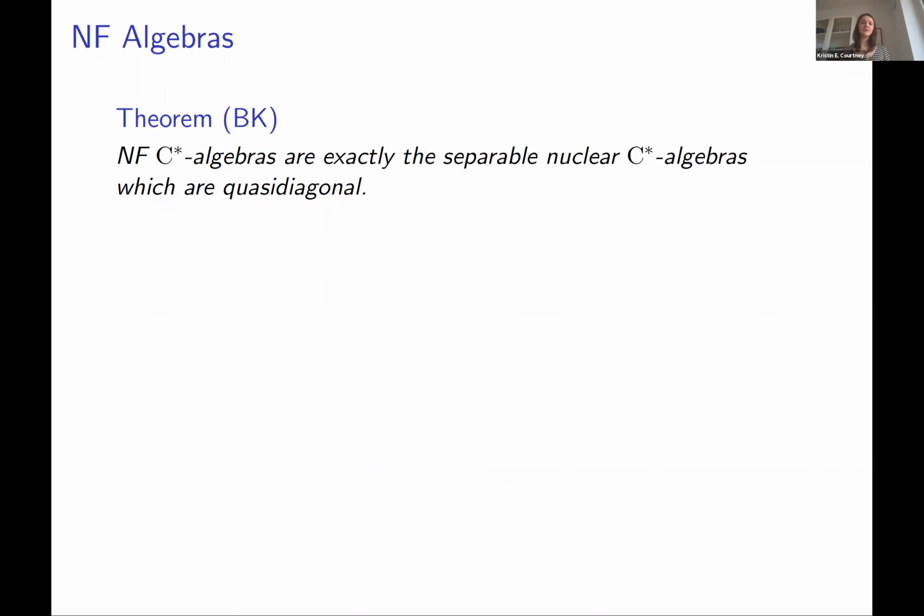And moreover, what Blackadar and Kirchberg actually show is that the NF C-star algebras are exactly the separable nuclear C-star algebras which are also quasi-diagonal.